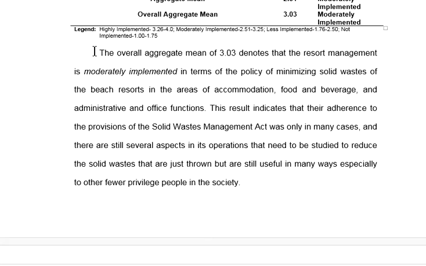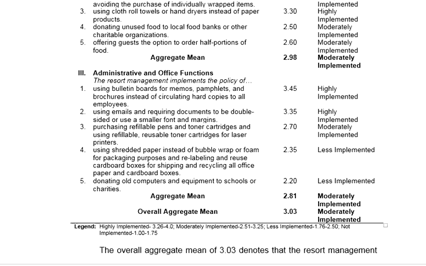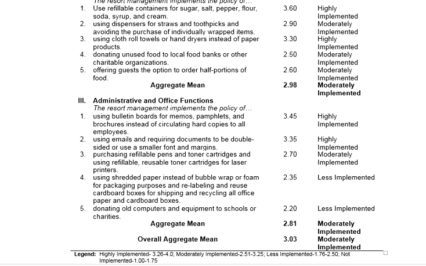So in this table, we will use what is called deductive reasoning or deductive discussion. Start from the broadened part, the overall aggregate mean, next to the aggregate mean per indicator.